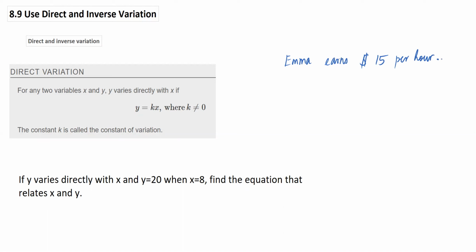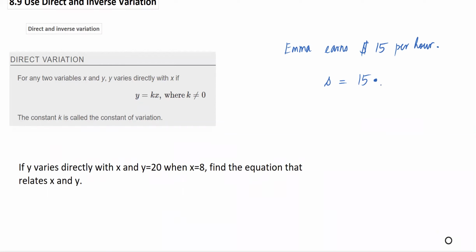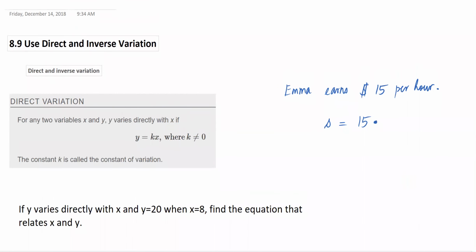If I want to measure Emma's salary, whatever she earns equals 15 times how many hours she works. So 15 is fixed because that's her hourly pay. What is varying is the number of hours. Her salary depends on the number of hours. So in other words, salary varies with the number of hours.